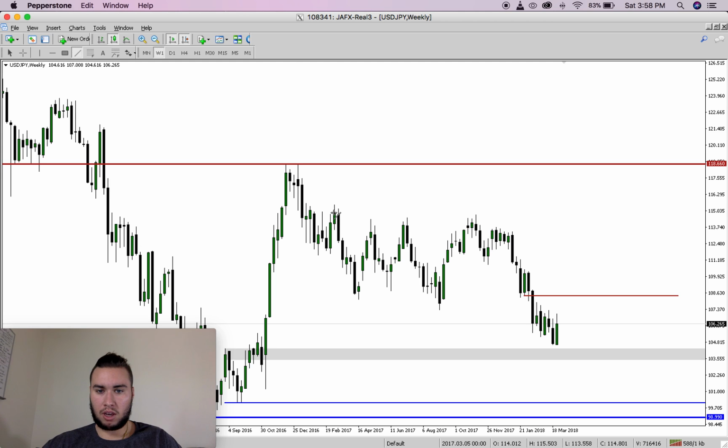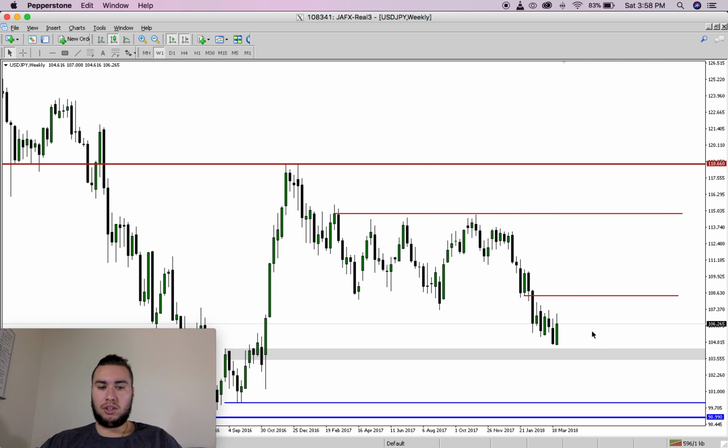So if we take a look here, the reason I'm using this level is because technically it is an ICT bearish order block. If we come to this candle here, it's an up candle before a move down, but I just see it as a level of resistance, right? Because we came up, traded lower, came up, traded lower, came up, traded lower, came up, then ultimately traded lower.